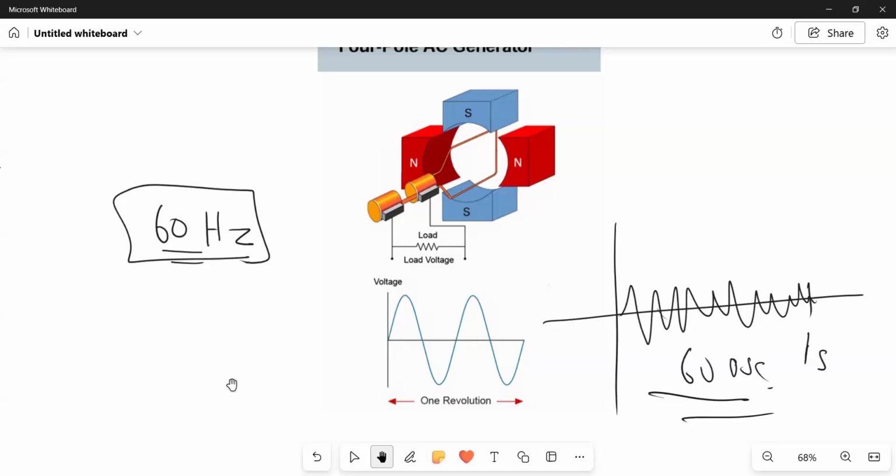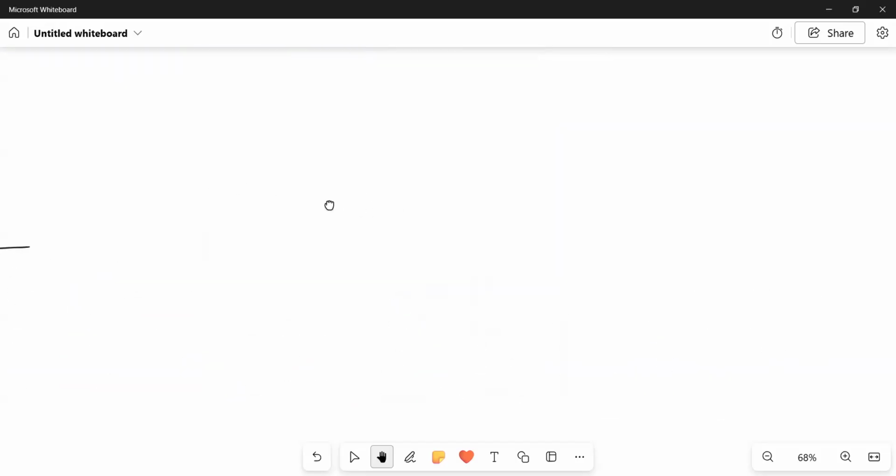But let's not get into too much of that, right? So besides the oscillation, another thing that you have to know about the AC wave is what we call the amplitude, right? And I'll bring a diagram again here.